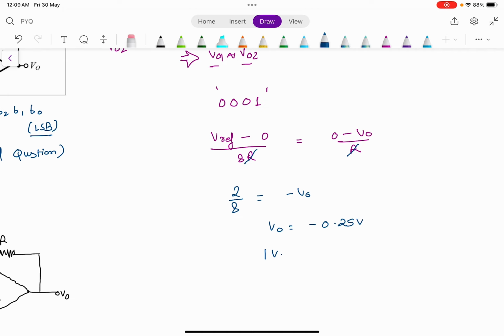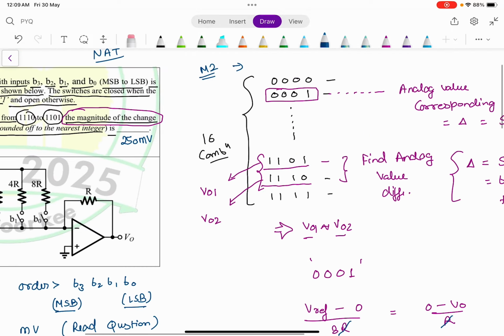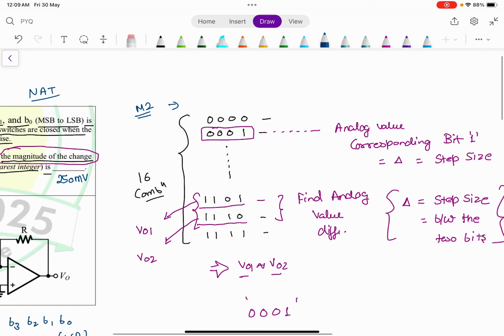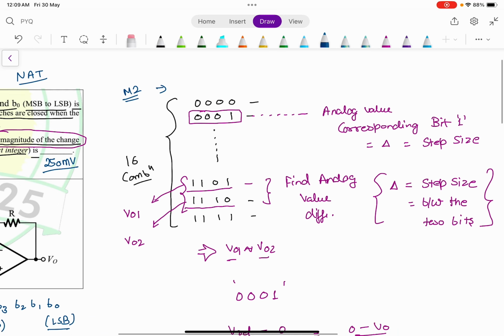It should be in magnitude, so 0.25 volt, or we can say 250 millivolt. So the answer to this question again comes out to be 250 millivolt.